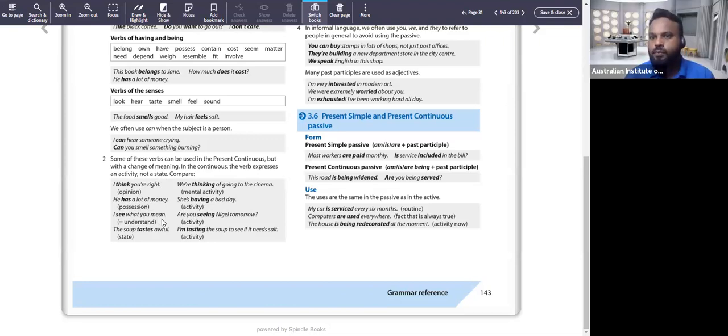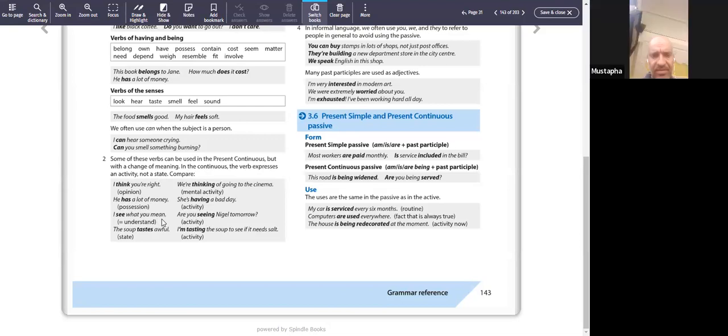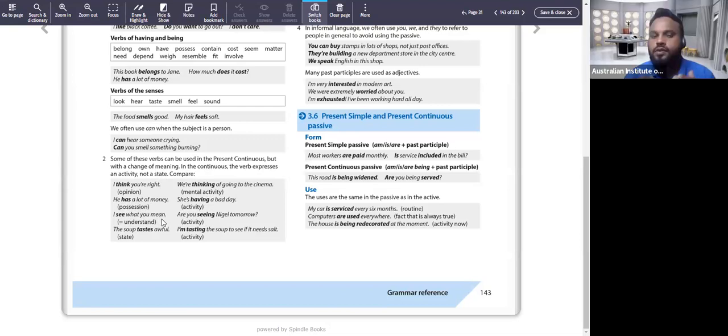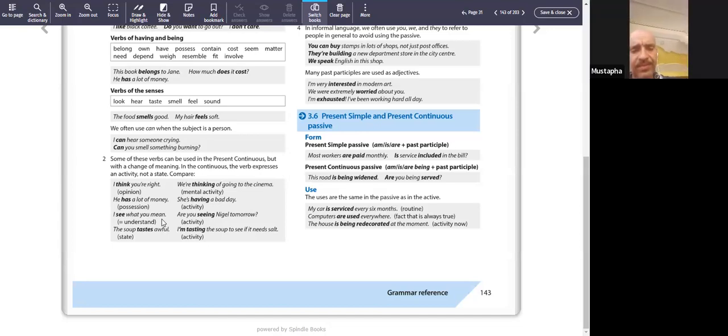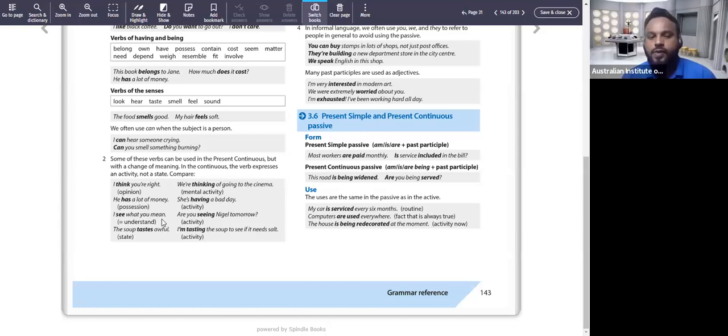Usually with state verbs, we are not supposed to use the ing form or the continuous tense. But since we're changing the meaning from understand to an activity, we can use it, like, are you seeing Nigel tomorrow? Next one, the soap tastes awful, state.